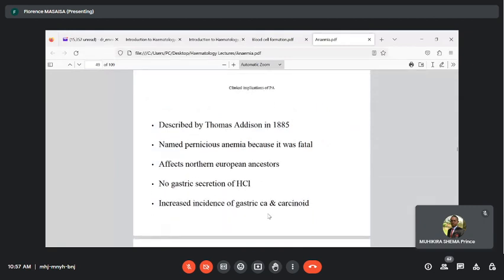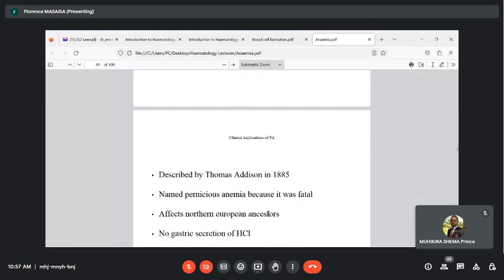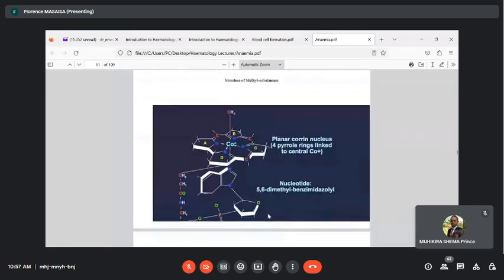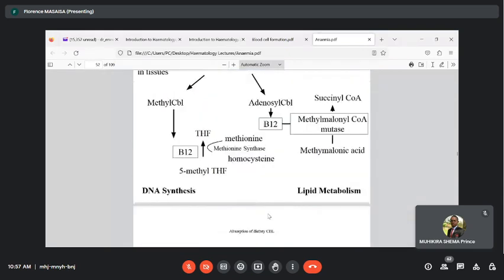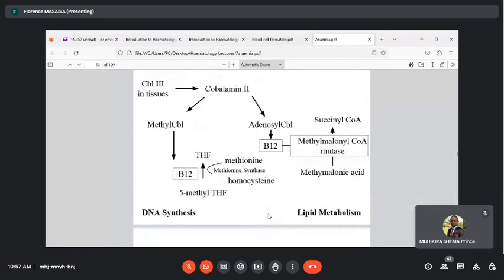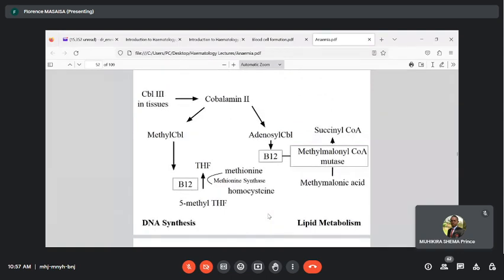So for the condition of vitamin B12 deficiency, maybe I can jump there before going on.